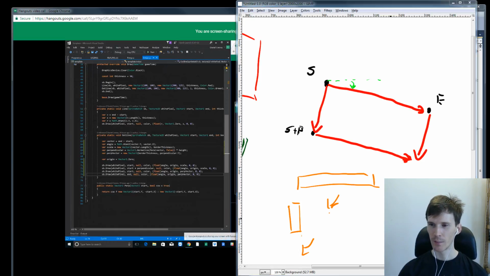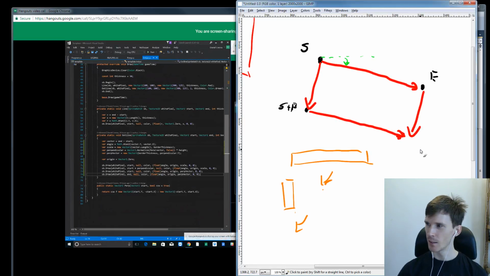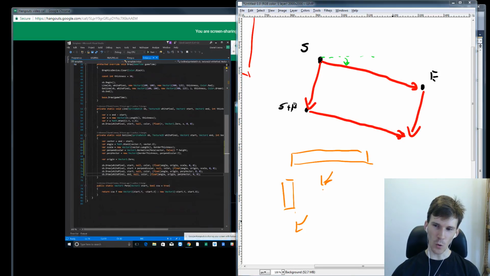Yeah, I understand now how that's not the same thing as using math to determine the actual lines I'm drawing. Yeah, as logical lines.